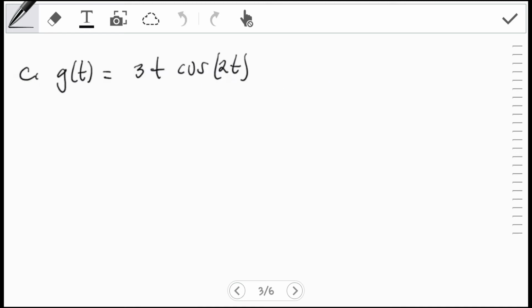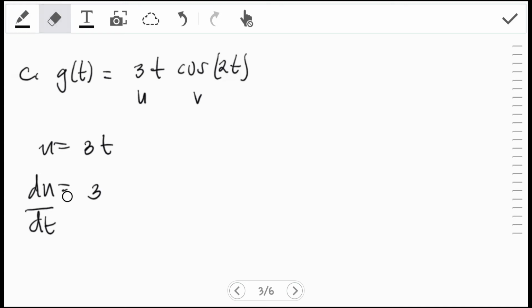So what is the first derivative of g of t equals 3t cosine 2t? Okay, so let u be 3t and v be cosine 2t. So u equals 3t and du over dt is 3.